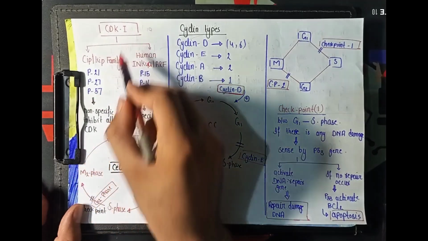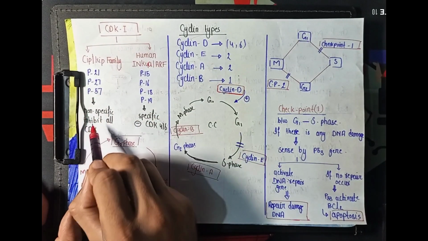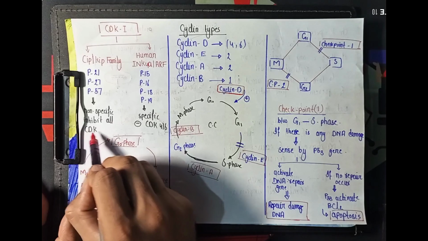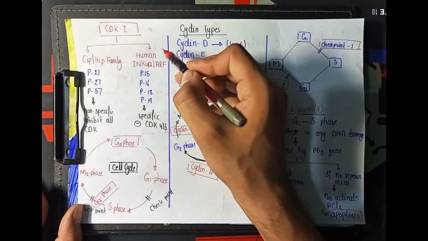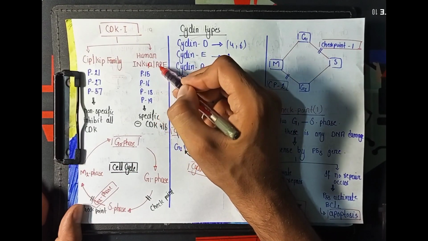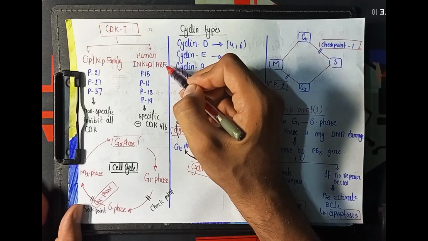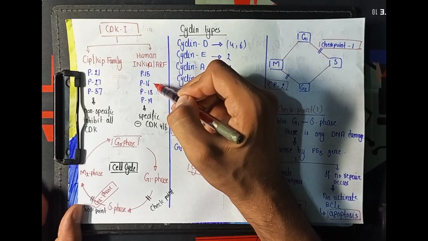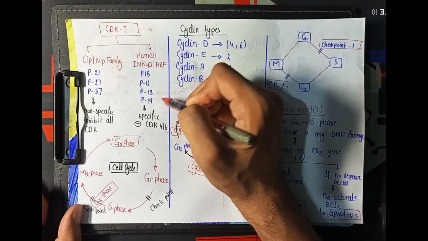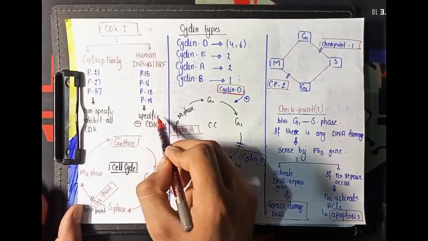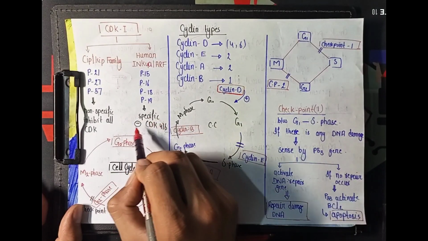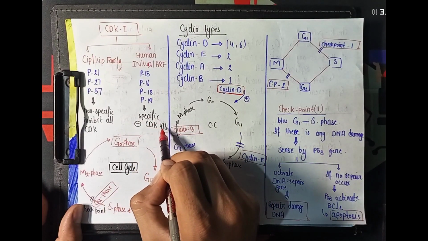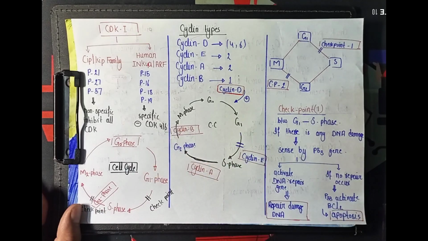These cyclin-dependent kinase inhibitors are non-specific in their action, and they can inhibit all the cyclin-dependent kinase enzymes, whereas the INK4A or the ARF cyclin-dependent kinase inhibitors include P15, P16, P18, and P19. And these inhibitors are highly specific in their action, and they can only inhibit cyclin-dependent kinase 4 and 6.